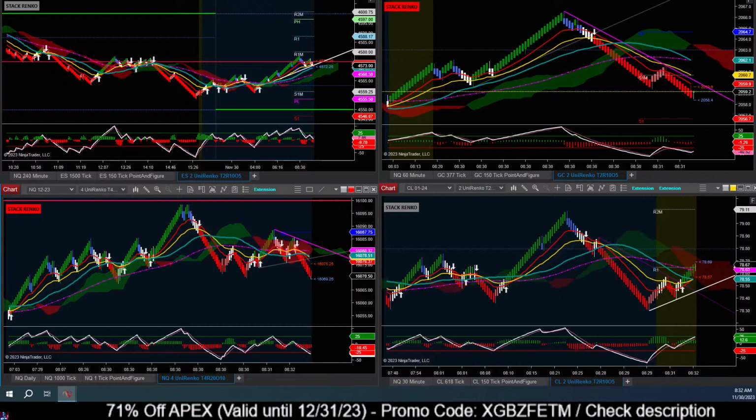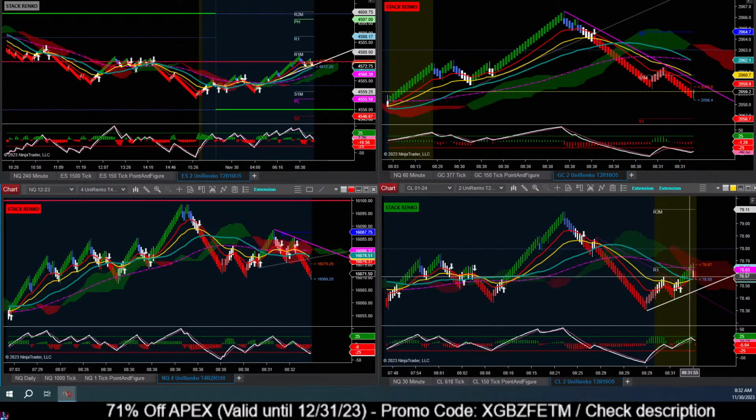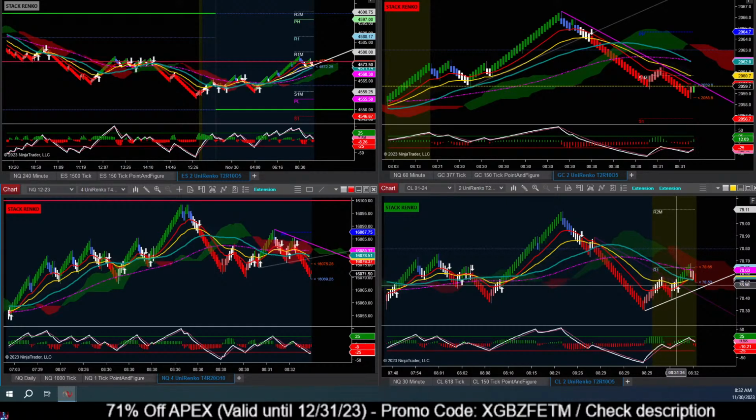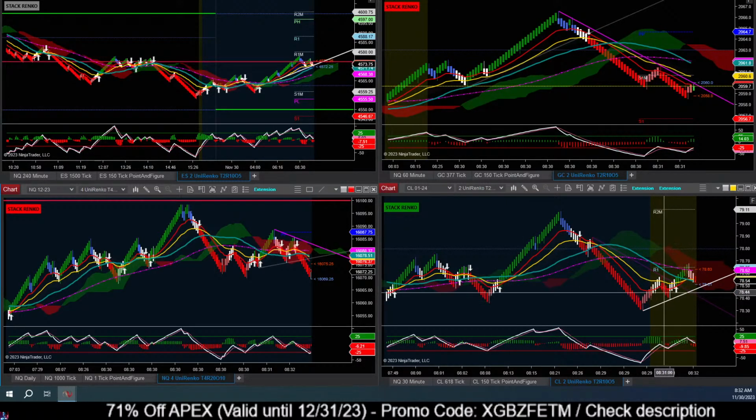Crude is bouncing back up. Made a trend reversal breakout here that right now is moving back down and really coming back to the break price, and then now it's coming back down even more.